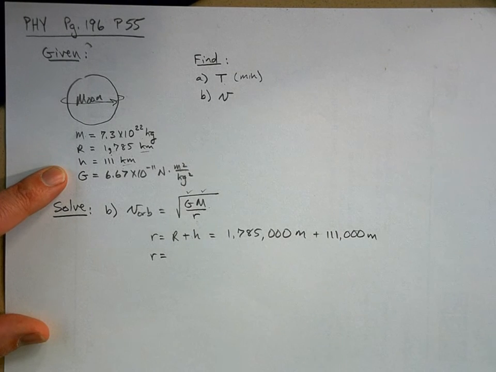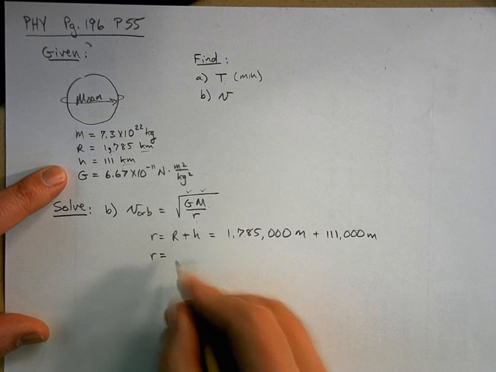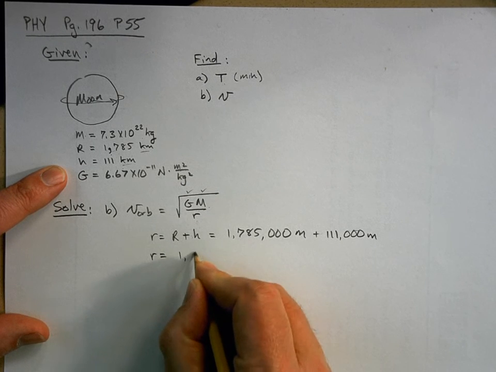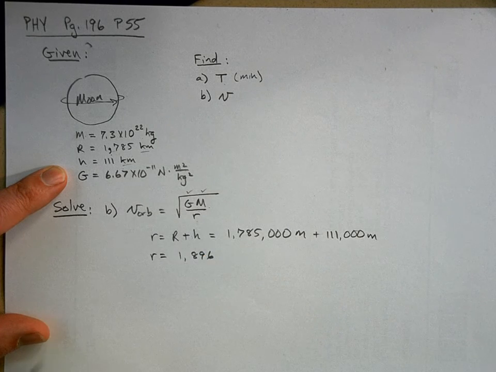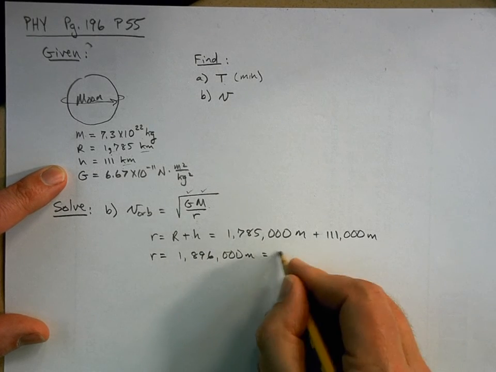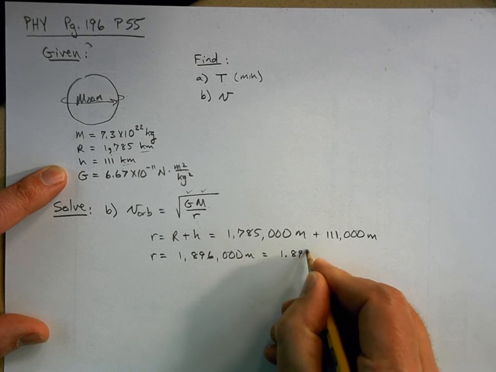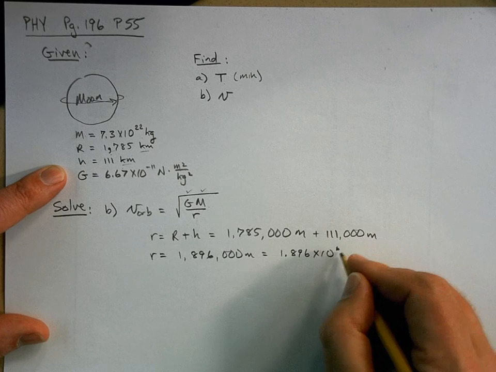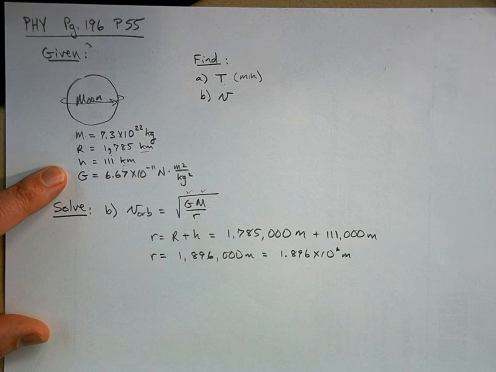And so when I do that, I just add 1 to all these digits, right? So 1,896,000 meters. That's 1.896 times 10 to the 6 meters.